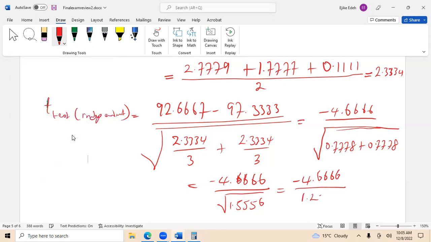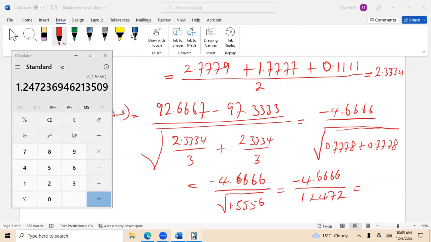Then we divide those two. I could just ignore the negative number, divide the whole number, but remember to put the negative back, right? 4.6666 divided by 1.2472 gives us 3.7417.